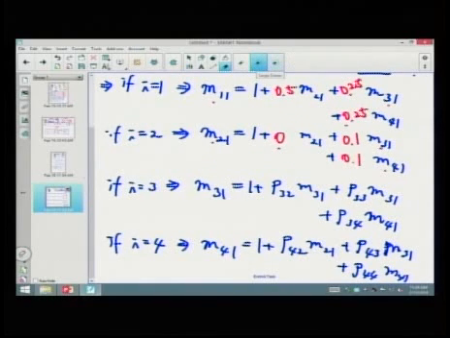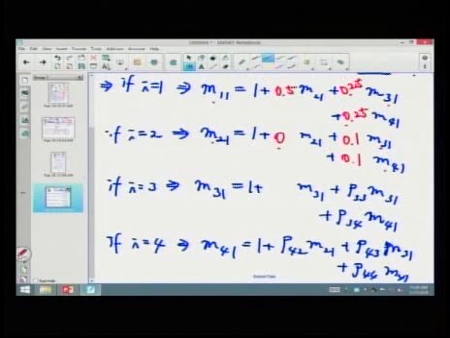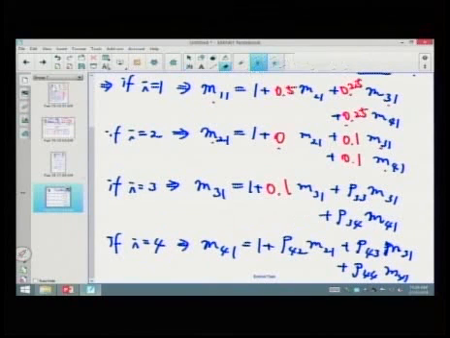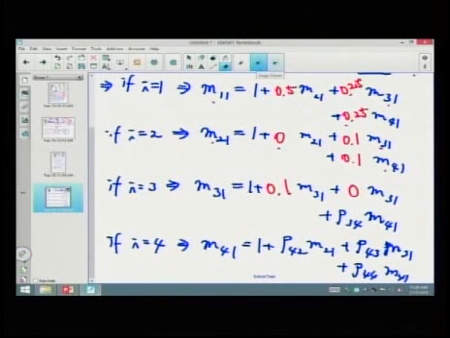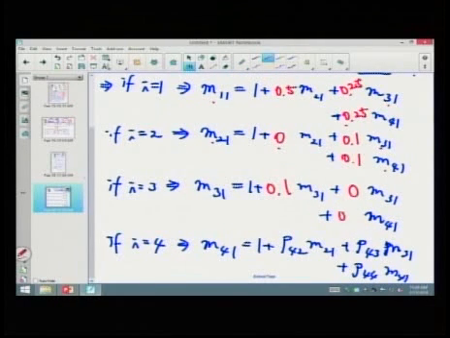Okay, and this part, p32 is what? It's 0.1, right? And p33 is 0, right? And then p34 is 0.1.